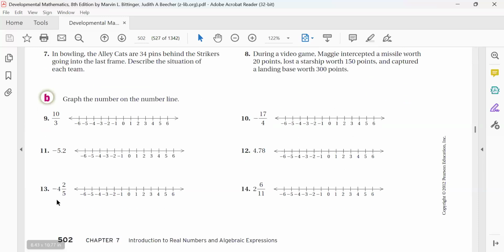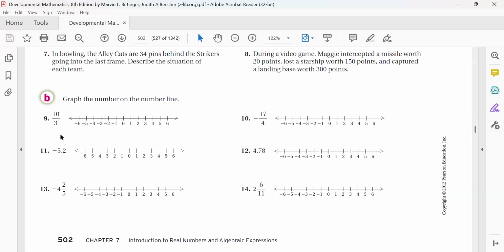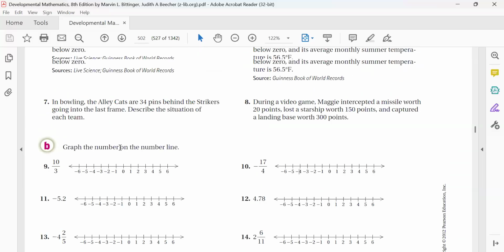For numbers like question number 13, you are going to get rid of the mixed numeral, make it an improper fraction, and divide it and see what's happening. Or you just say that it is 4 and 2/5, but it's minus. These are some of the questions. I would like you guys to solve all of these problems, not just the odd numbers.